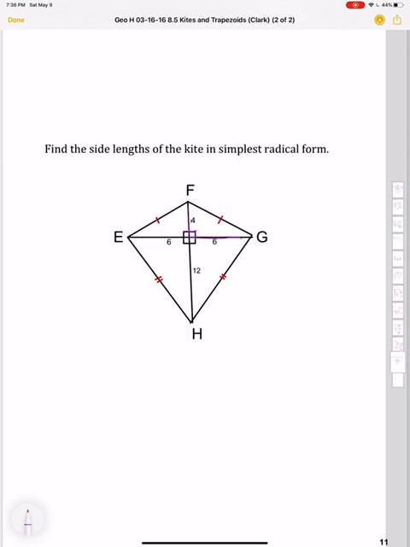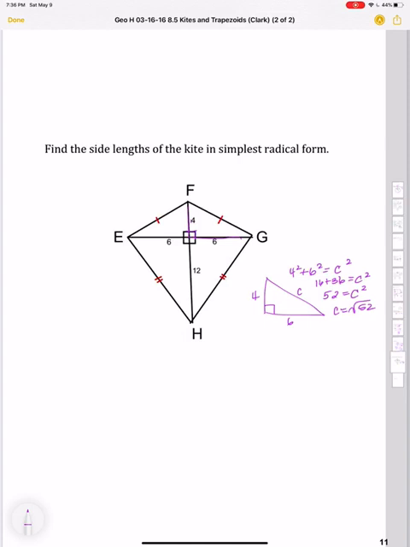So this one is 4 and 6. So 4 squared plus 6 squared equals c squared. So 16 plus 36 equals c squared. 52 equals c squared. So c equals the square root of 52.